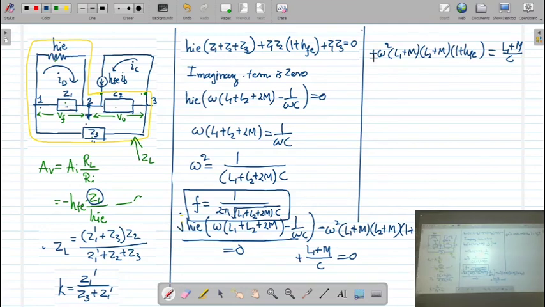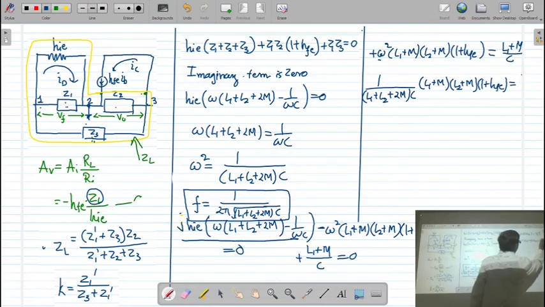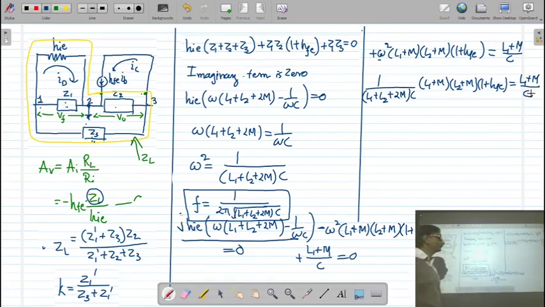It will be (L1 plus M) by C. Now what is omega square? Omega square is 1 upon (L1 plus L2 plus 2M) into C. So 1 upon (L1 plus L2 plus 2M) into C, then (L1 plus M) (L2 plus M) into (1 plus h_fe), equal to (L1 plus M) divided by C.